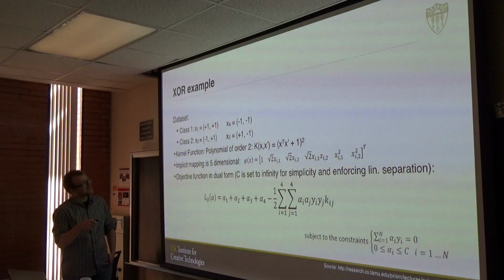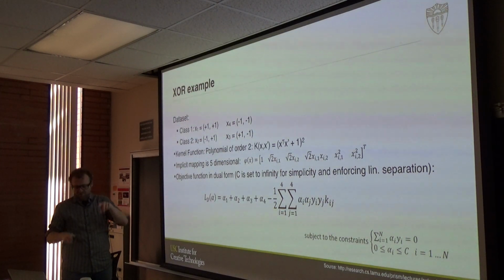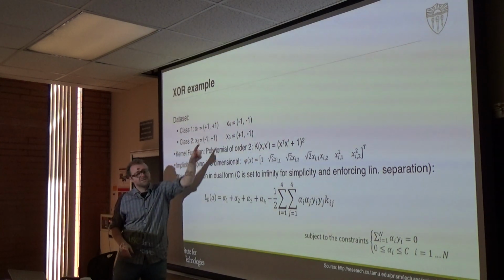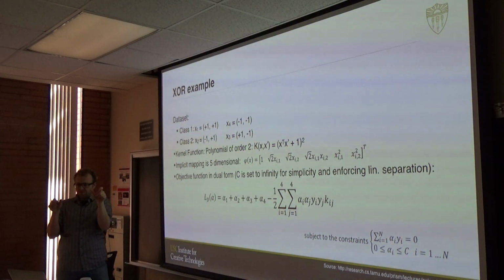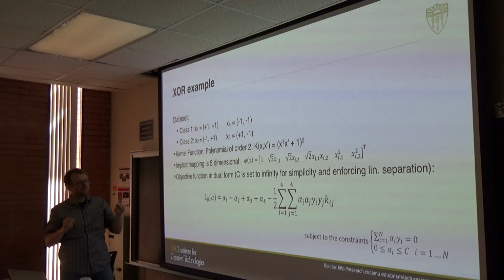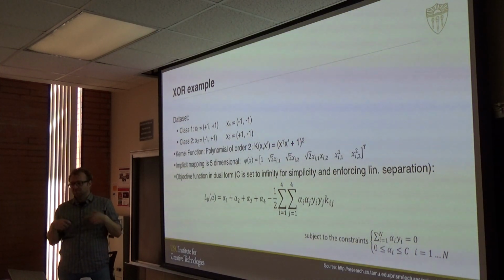So it's (+1, +1) transposed times (+1, +1), plus 1. So we calculate the dot product between those two vectors: 1 plus 1 is 2, plus 1 is 3, and the power of 2 is 9, right?